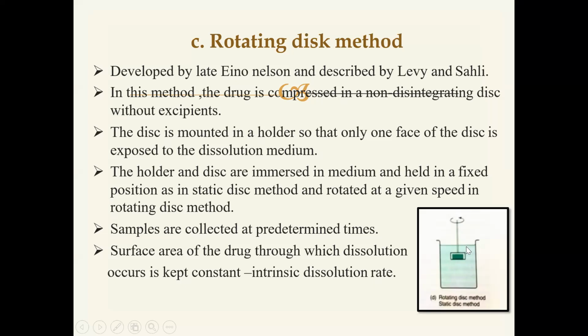This plexiglass holder is immersed in 500 ml of dissolution medium, and the temperature is maintained at 37 degrees centigrade plus or minus 1. So this is a rotating disc.